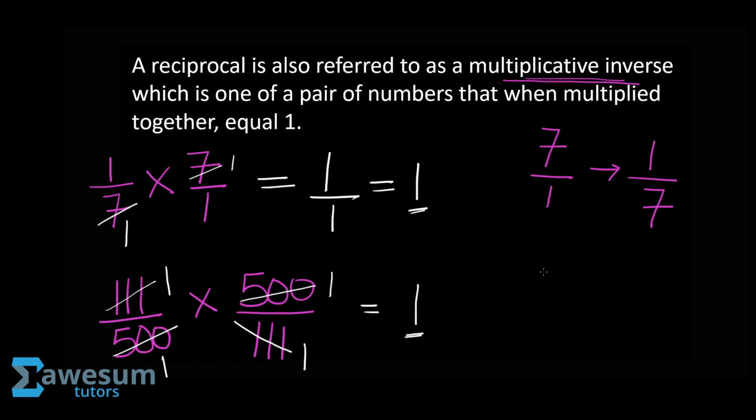Also, if you're asked to find the reciprocal of 121, all you have to do is first recognize that 121 is the same thing as 121 over 1. Then the reciprocal is going to be 1 over 121. I hope you understand these concepts.